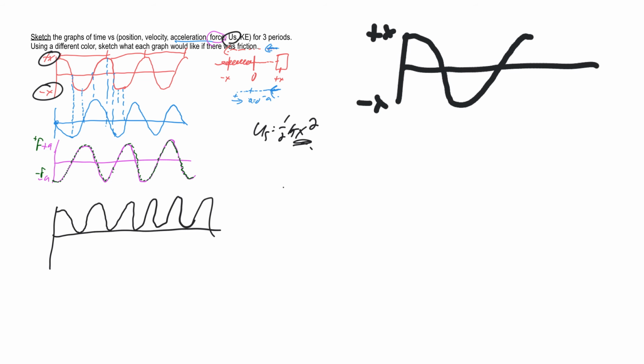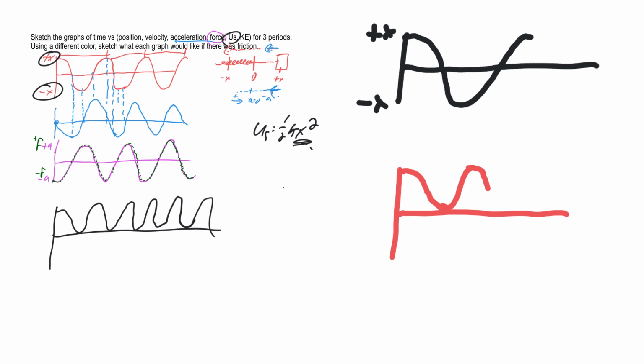Okay, and then we're going to now do our US. We'll just do it for 1 period here. So this would be a maximum. And then when it goes to 0, it will be 0. And then it's going to go back up to a maximum.